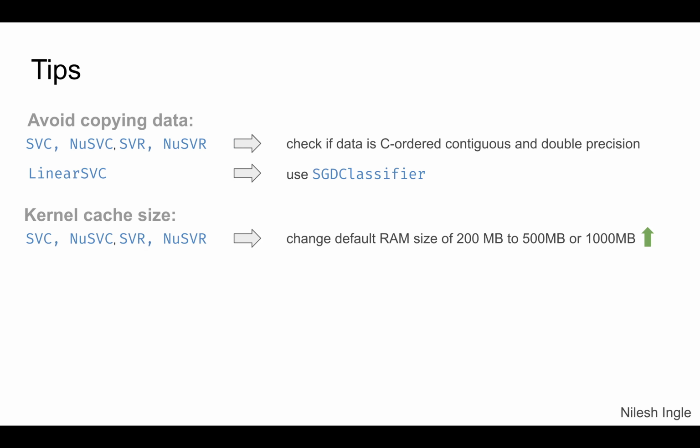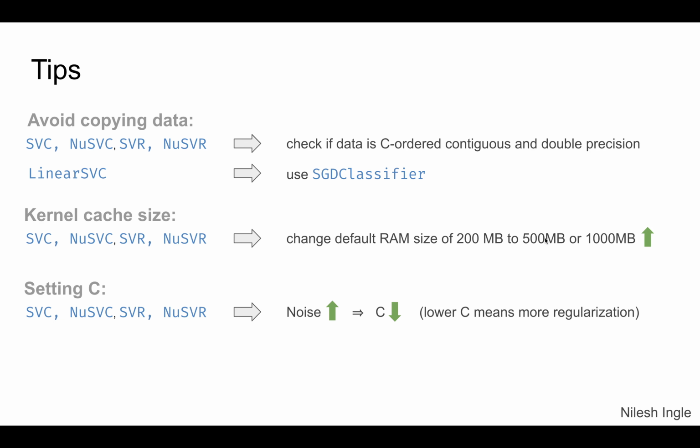Next, depending on what type of hardware you're using, the RAM size could be changed for cache. If you have more RAM, then you could set the value for cache size to be higher, and that could expedite the fitting process.